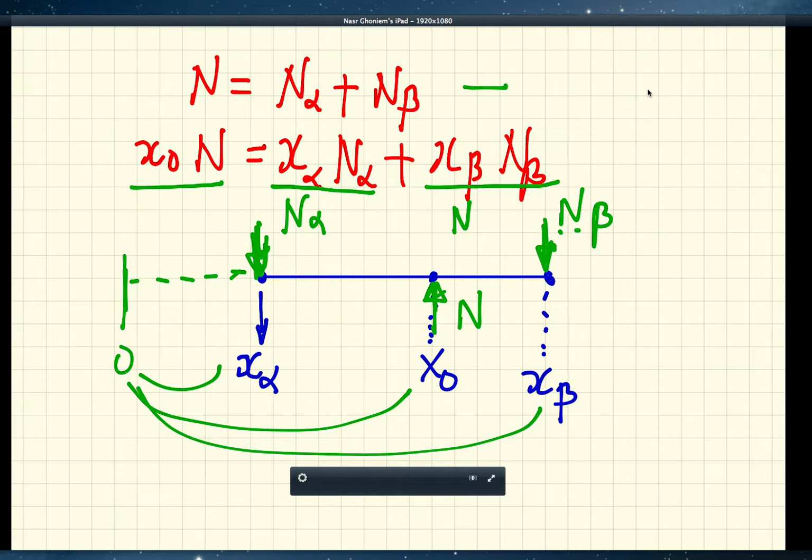It is the same idea of the moments, and we can determine x alpha and x beta just from the fact that we have moment equilibrium.